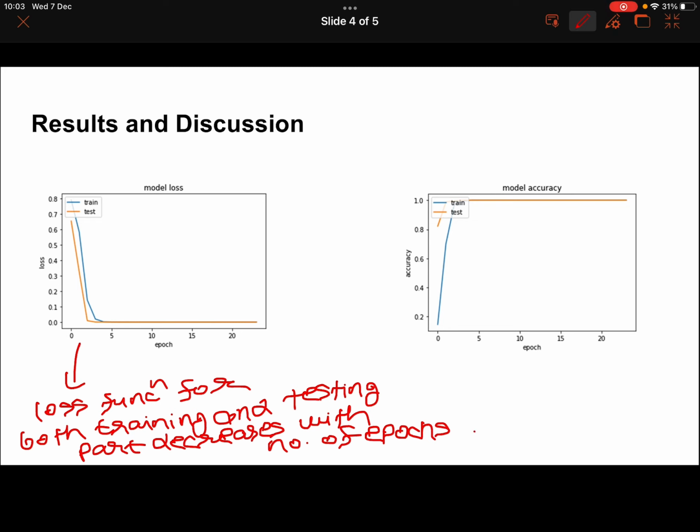Now, if we observe the accuracy curve, we can see that the accuracy score for both training and testing part increases and goes towards 1.0. So we can say that our labels are 100% actually segmented or can be labeled with higher accuracy.